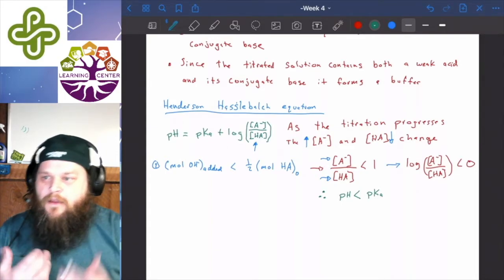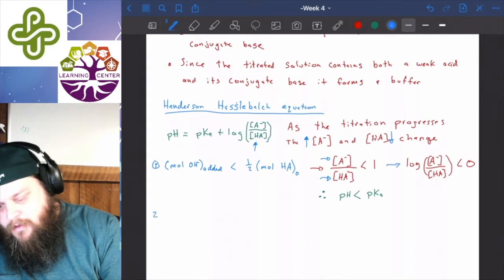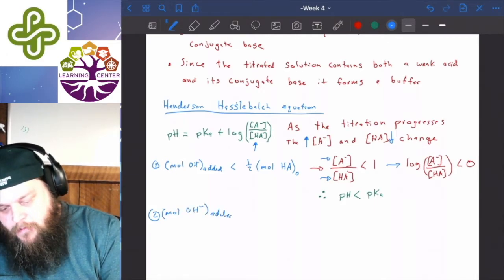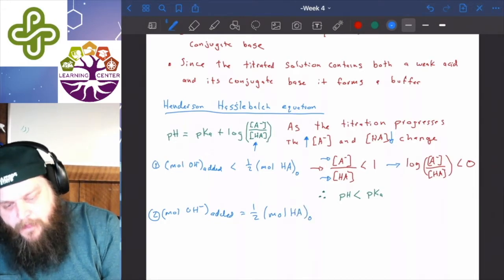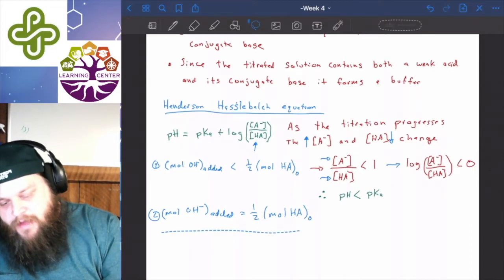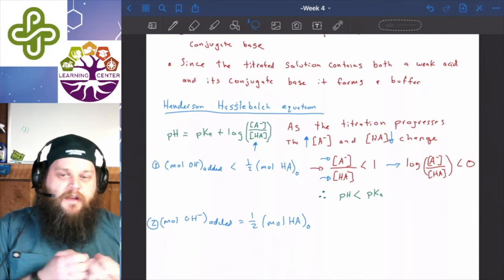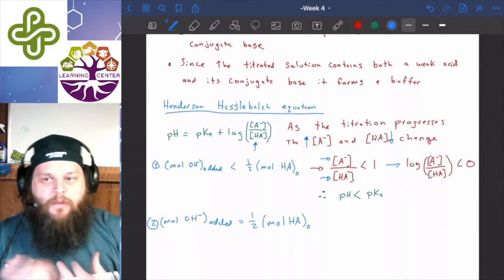If we had exactly 1/2, that brings us to our second one, which is exactly 1/2. If the moles of OH minus that we add are equal to 1/2 of the moles of the initial concentration of our acid. So that means that at this point, half of our initial concentration has turned into its conjugate base. So we have an equal amount of those two.